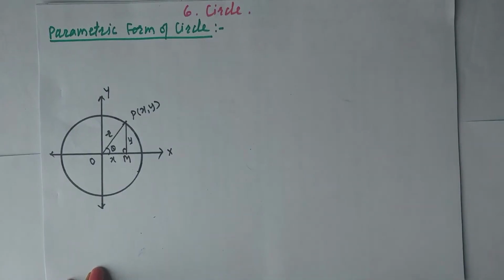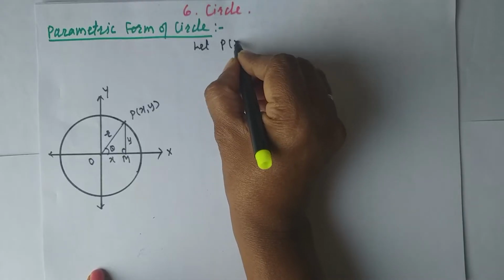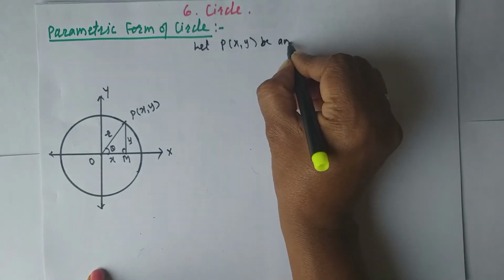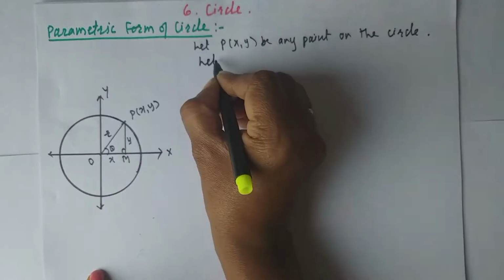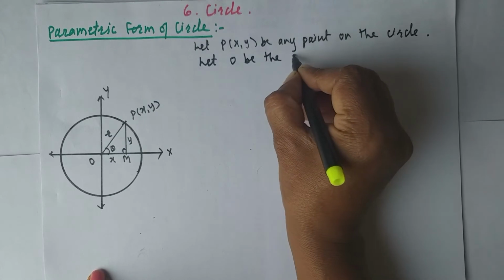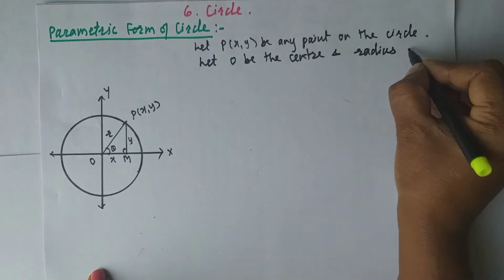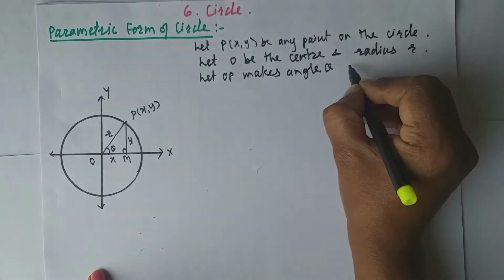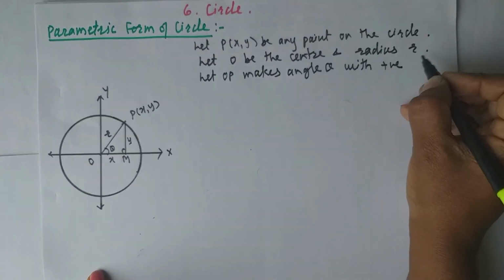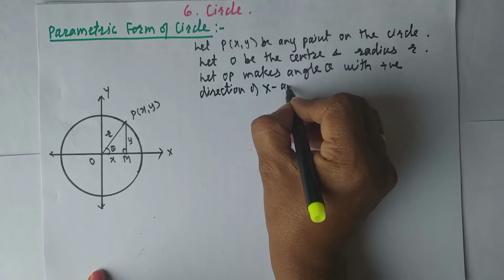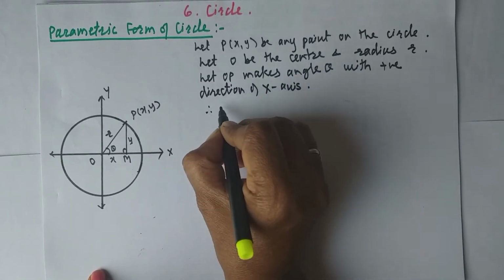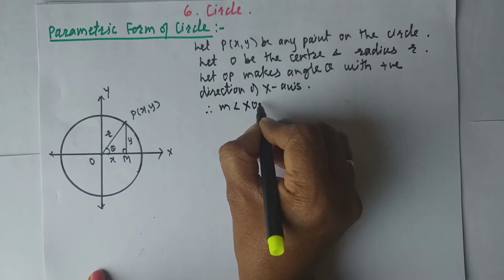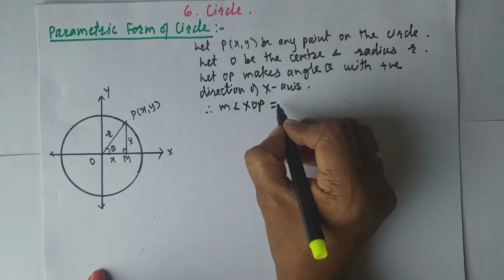Okay. Now we will write down all this. Let P(x, y) be any point on the circle. Let O be the center and radius r. Let OP make angle theta with positive direction of x-axis. Therefore, this major angle XOP is theta.